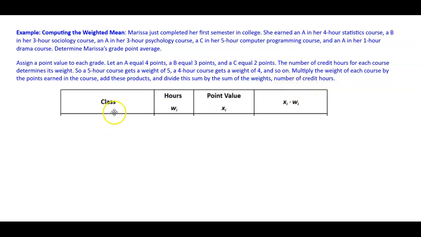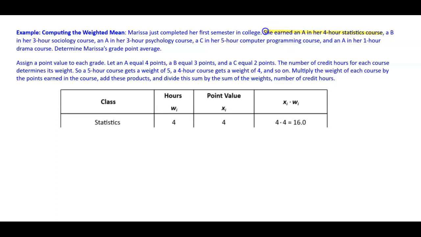So first we have our class, so we can create a table. We have our hours, which is the weighted hours. We have the point value for the letter grade, and then we multiply the point value times the hours. Let's take a look at the first class, statistics. She earned an A in her 4-hour statistics course.